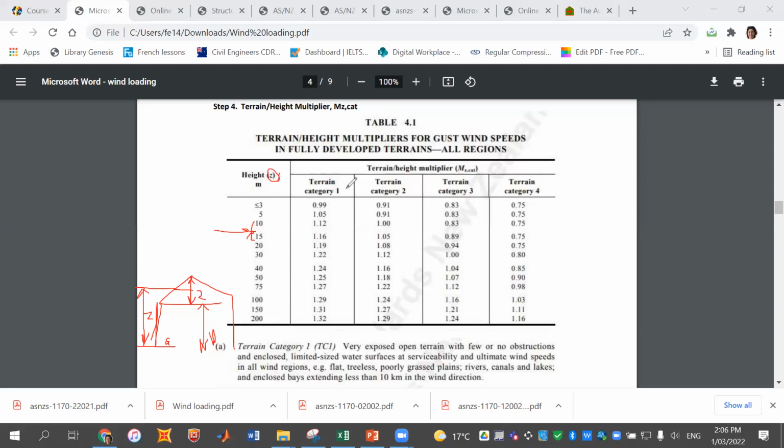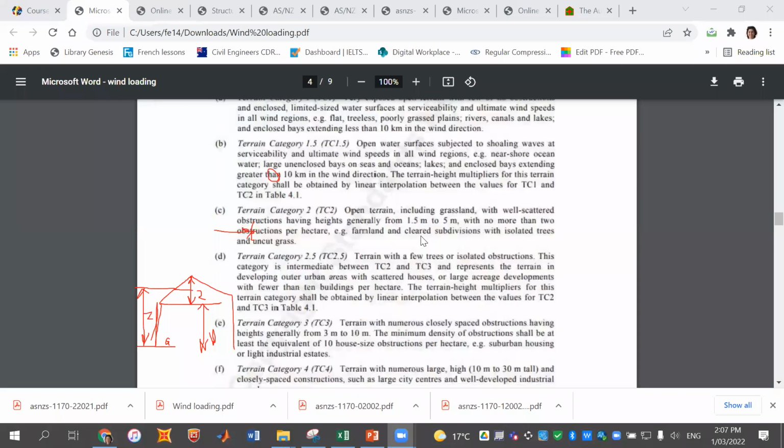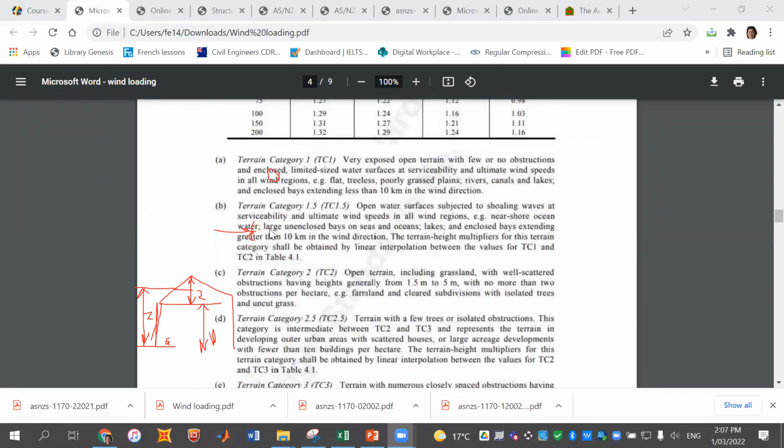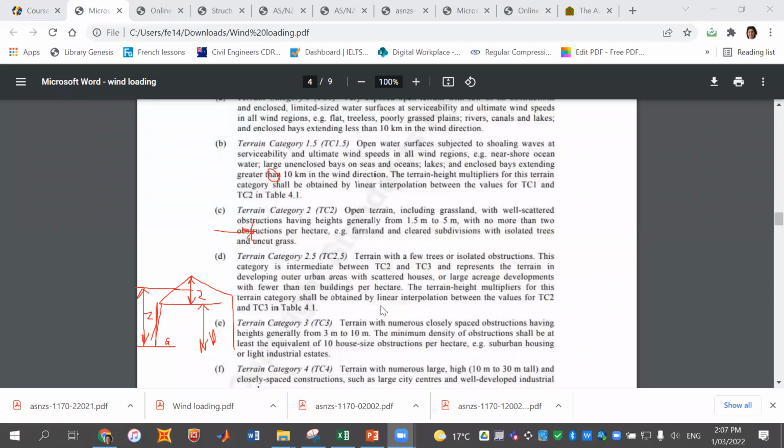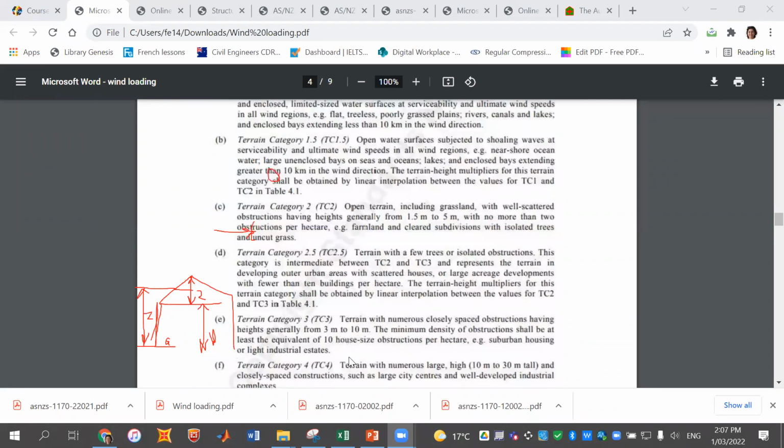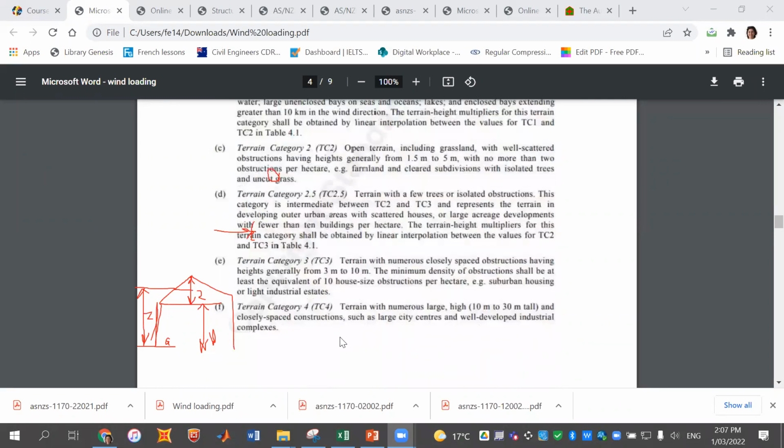The other thing is terrain. So we have terrain category 1, 2, 3, 4. If you scroll down, you will see the definitions for different terrain categories. Again, you need to do some research about the area that your building is located in, and also maybe some assumptions.